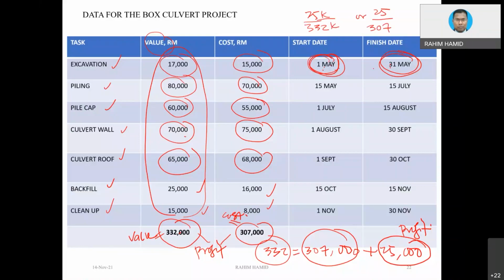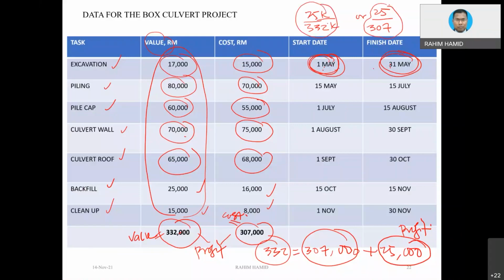So which one is which? That is the issue. For the contractor, as I mentioned, because the contractor normally calculates the cost, the profit margin can be considered as markup. So this could be the calculation, whereas the client could be looking at this one.